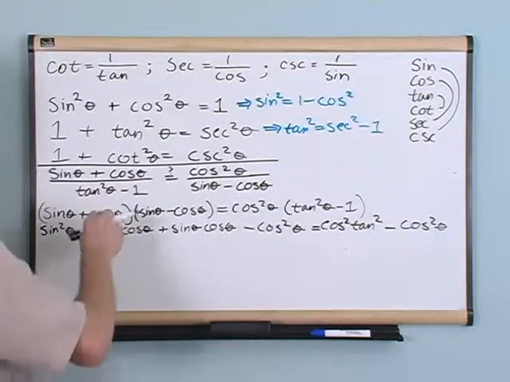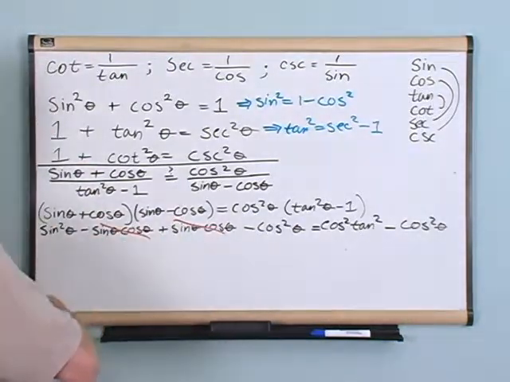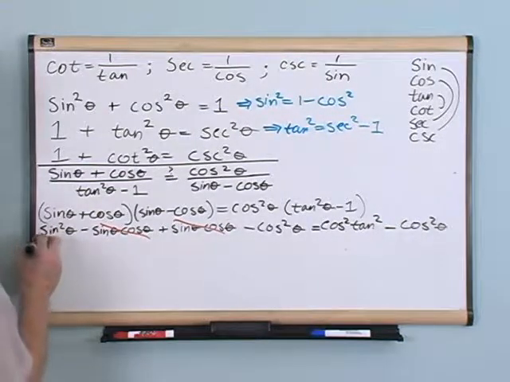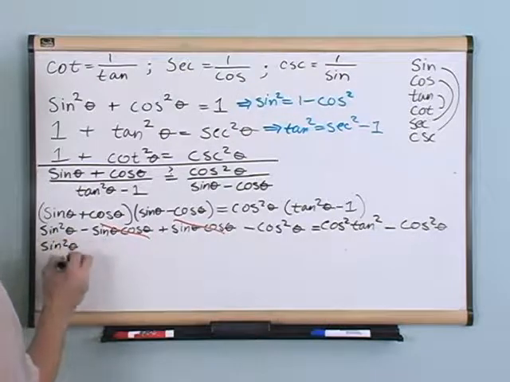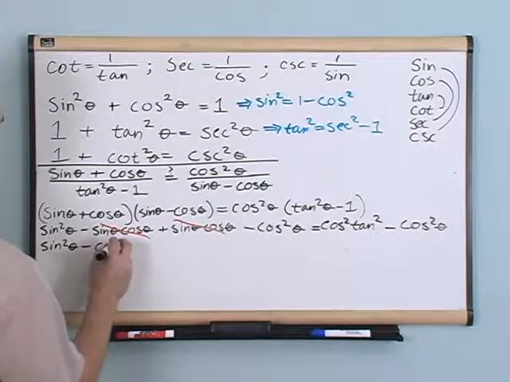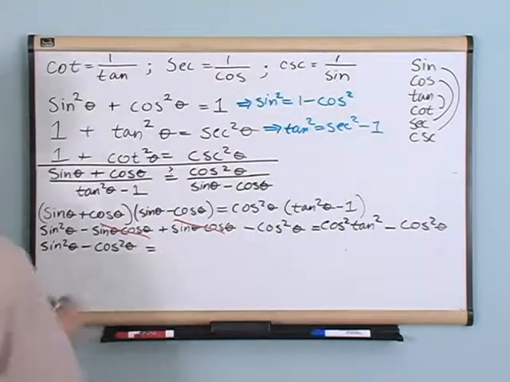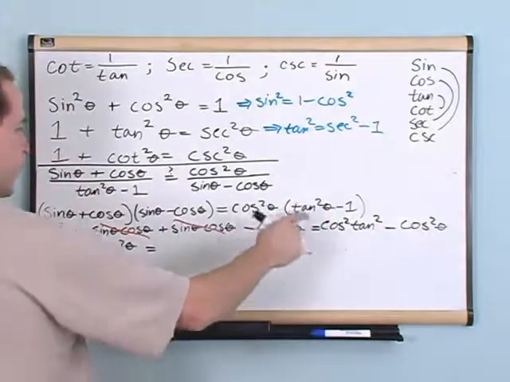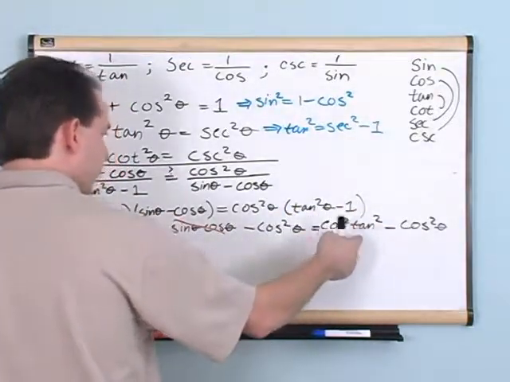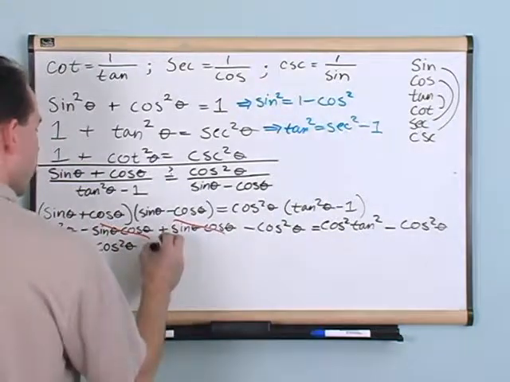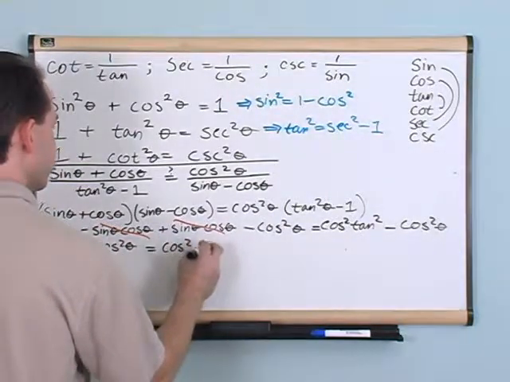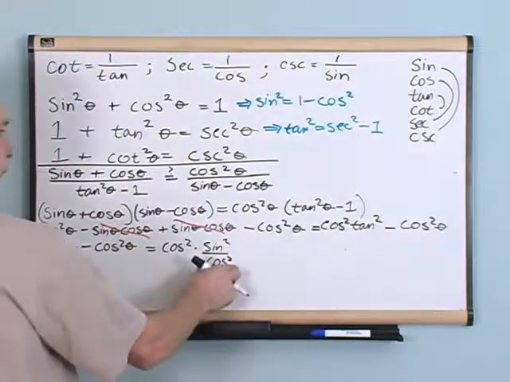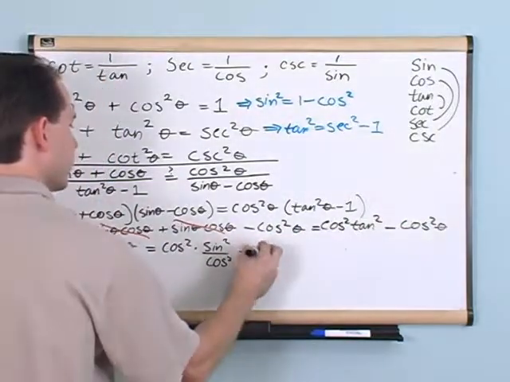Now let's go ahead and start simplifying. This is going to cancel with this. That's going to start to look pretty good. So sine squared of theta minus cosine squared of theta equals cosine squared times tangent squared, but don't forget, I know that tangent is sine over cosine, so I'll have cosine squared times sine squared over cosine squared, minus this final term, cosine squared.